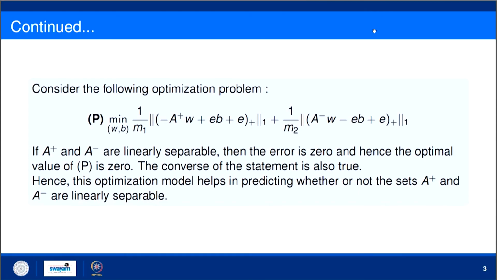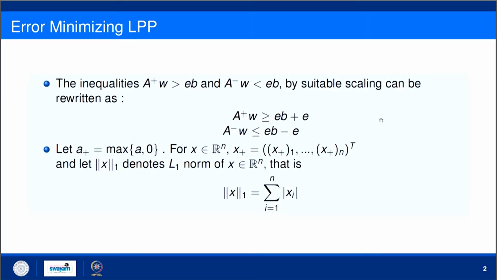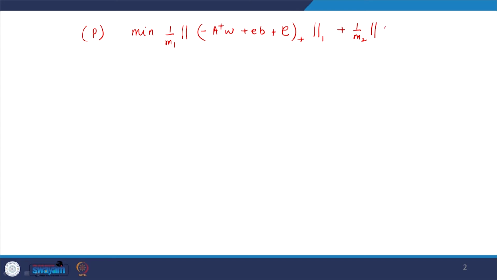So, what is problem P? Problem P is the minimum of (1/m1) times the norm of (minus A plus w plus e b minus e) plus, plus (1/m2) times the norm of (A minus w minus e b plus e) plus, with the norm 1.